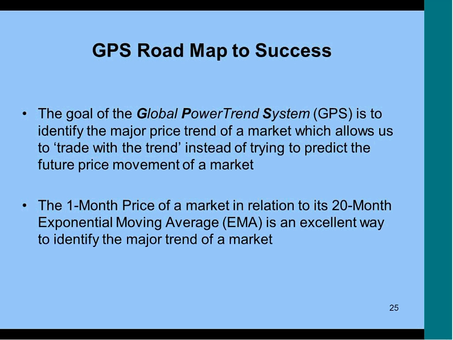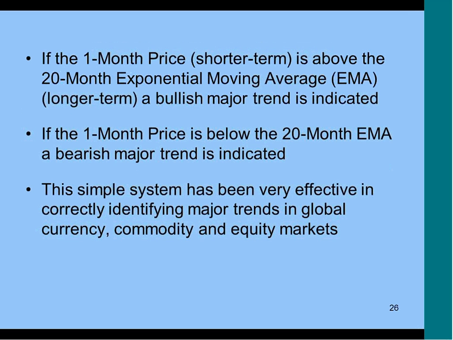And if the 1-month price of an ETF is above the 20-month exponential moving average, then a bullish major trend is indicated. And if the 1-month price is below the 20-month EMA, a bearish major trend is indicated. So this simple system has been very effective in identifying the major trend in global markets.